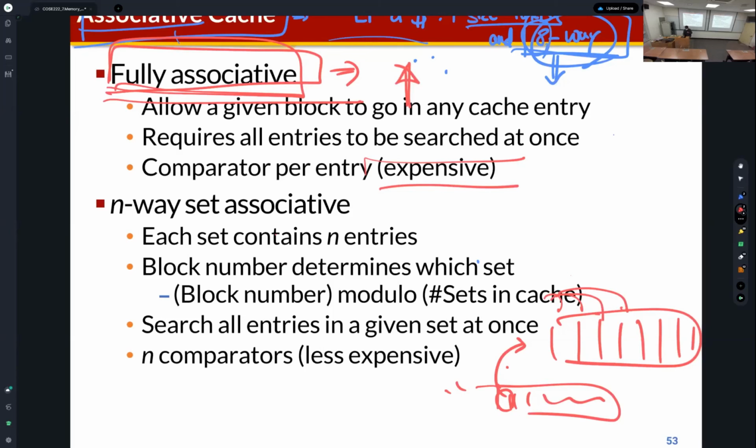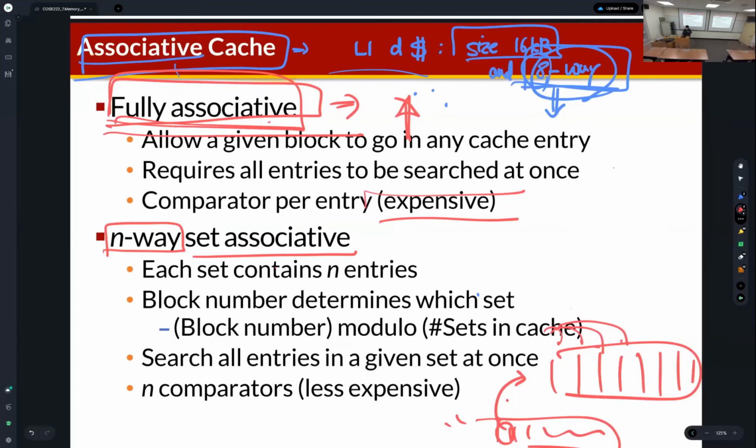Another possible solution is the n-way set associative cache. The fully associative cache means that the data block can be allocated into any cache block.